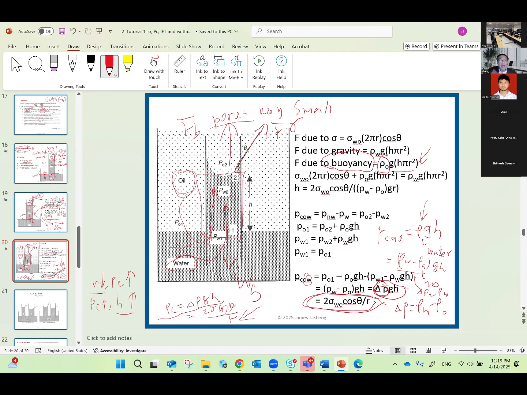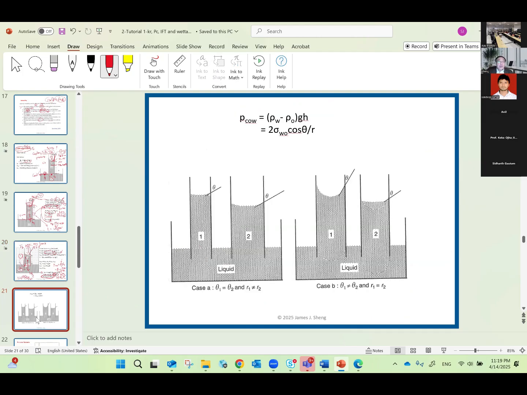That's the observation we can make, right? That's exactly shown here. Now let's see this picture. Here is the same angle, but here R is smaller.